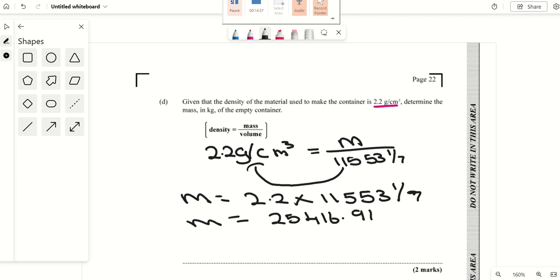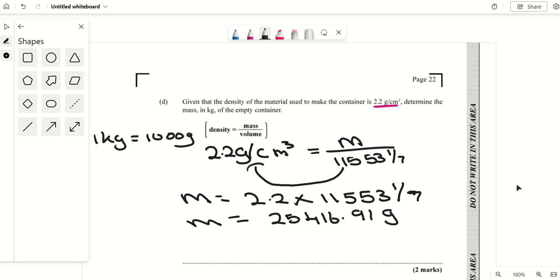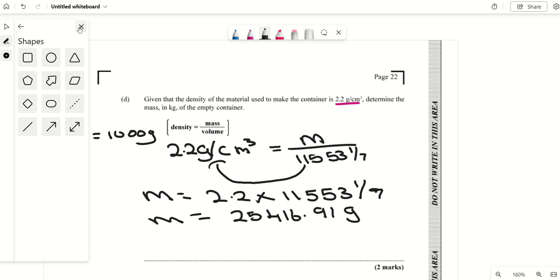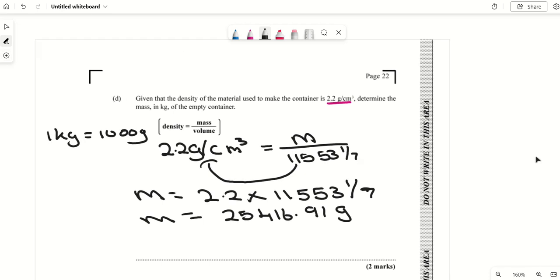So this is in grams so far, but we want it in kilograms, and we know that 1 kilogram is equal to 1,000 grams. So let's do an if, then, therefore.